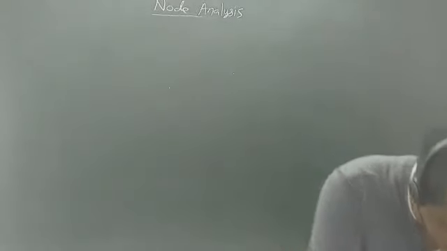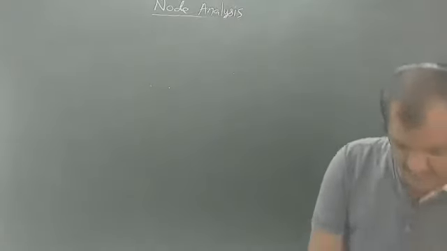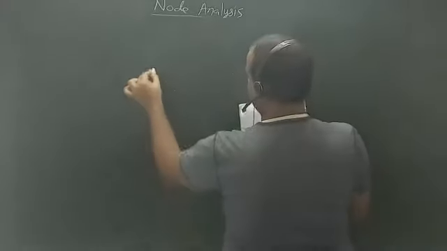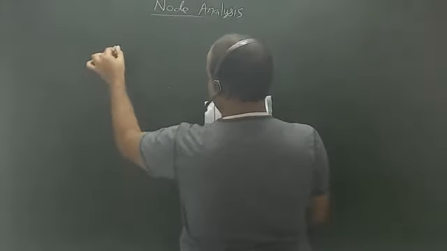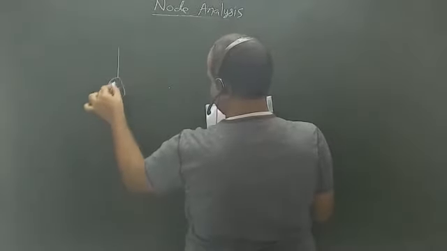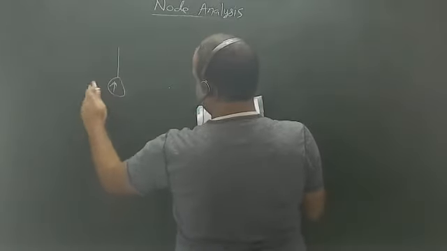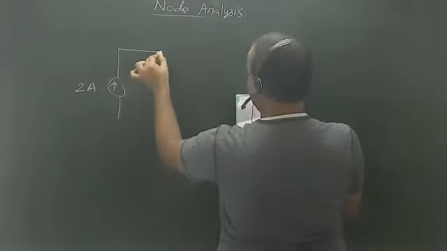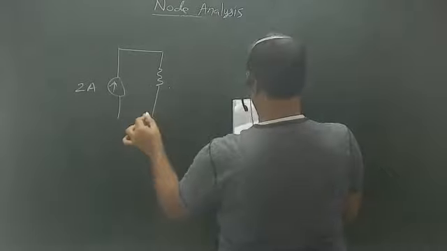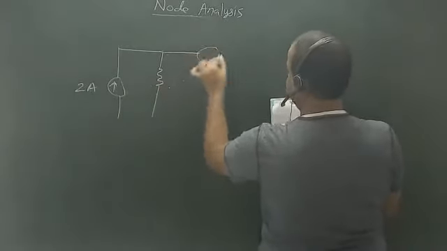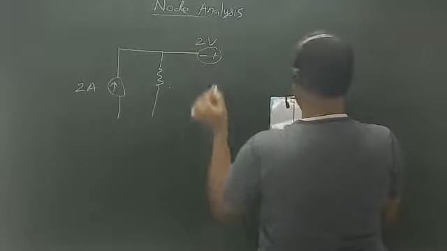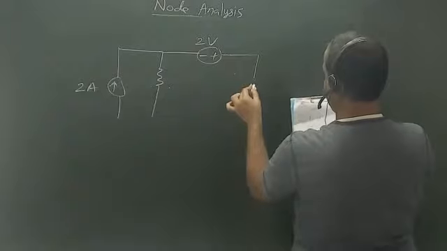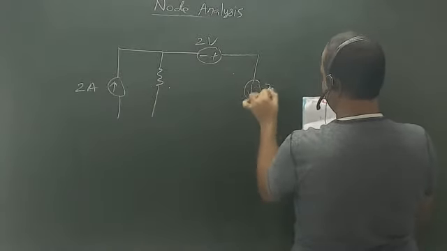So we are solving the last problem now on node analysis. So we have a circuit. This is 2 ampere source given. Okay. And there we have one more resistance. Here we have battery minus plus of 2 volts. Okay. And then here we have one current source of 7 milliampere.